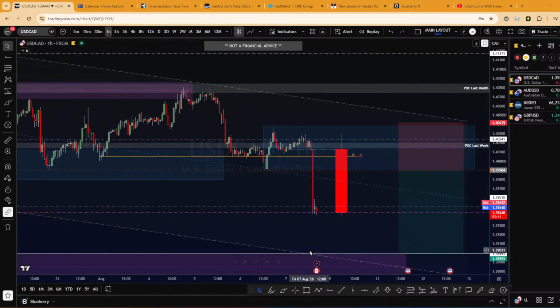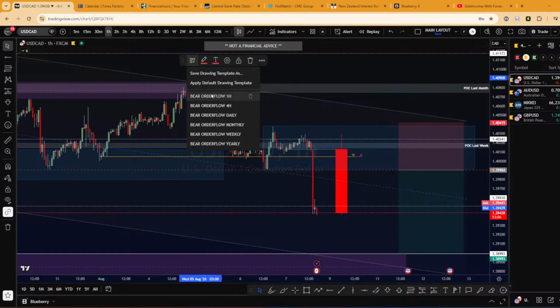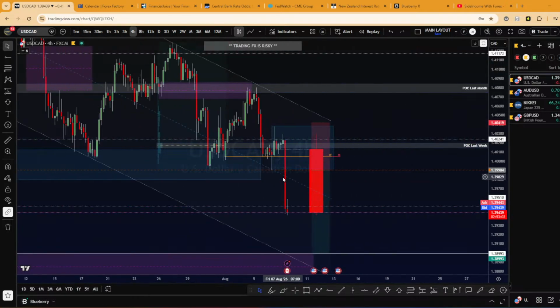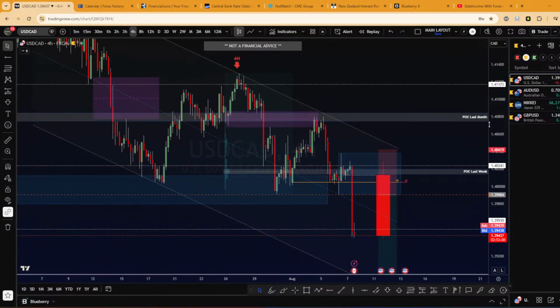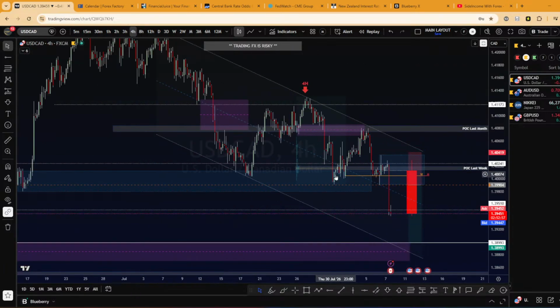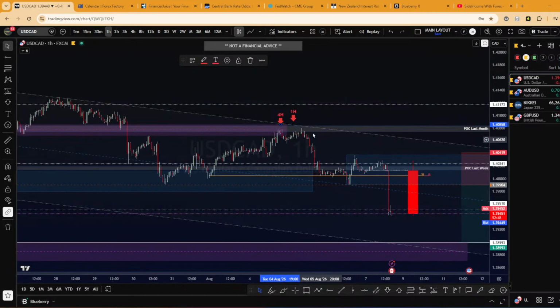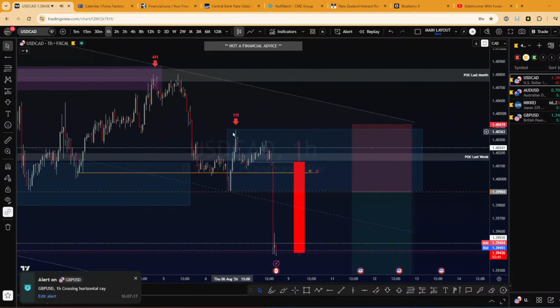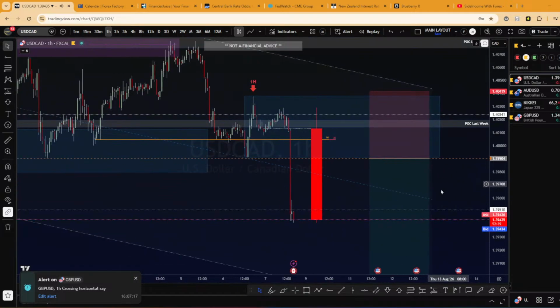So we will move it here. The new structure on the 1 hour will be, I think, here, bearish order flow. Oh, maybe not, maybe here. Yeah, I think it's like that.